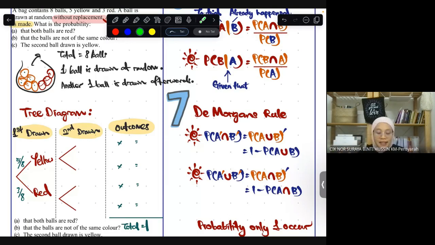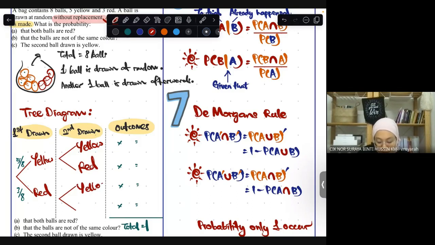Probability is just a keberangkalian. So just write down the probability there. 5 out of 8 for the first drawn, and then 3 out of 8 for the first drawn juga untuk red color. So second drawn is where it can also be yellow and red, isn't it?